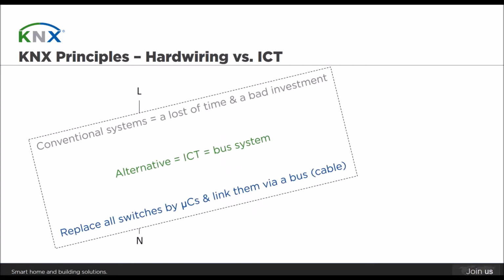ICT is the alternative, which is the abbreviation for information and communication technology. So what we will do is replace all the switches in a conventional system by microcontrollers and link these microcontrollers via a bus.